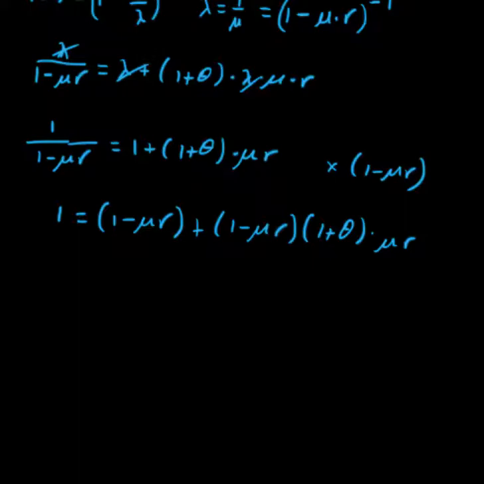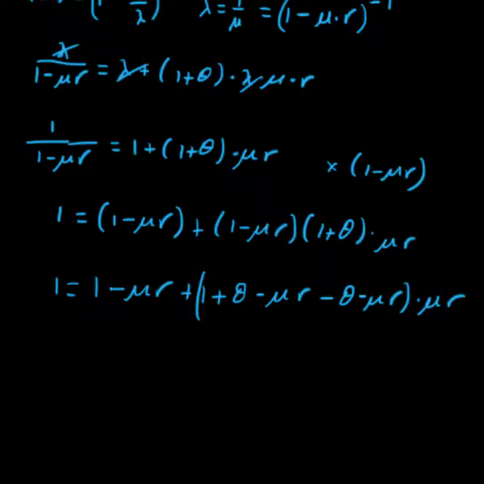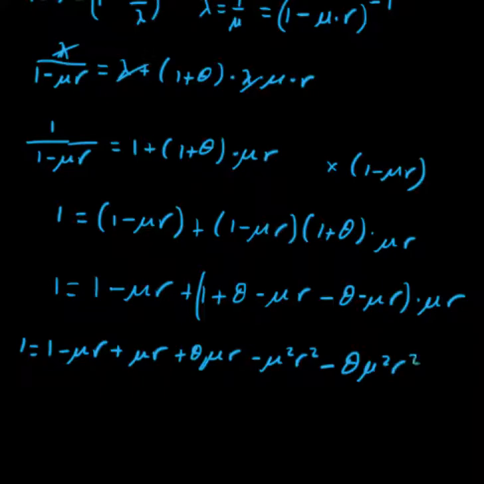Then that's just going to remain as is, so we go 1 equals 1 minus mu R, and we can just expand this one, so that becomes plus 1 plus theta minus mu R minus theta mu R. That whole thing is multiplied by mu R. So we can then have 1 equals 1 minus mu R plus mu R plus theta mu R minus mu squared R squared, minus, oh actually that's still minus, minus theta mu squared R squared.